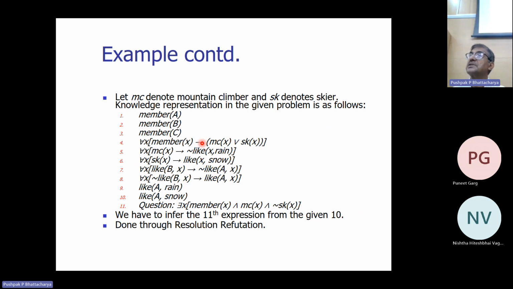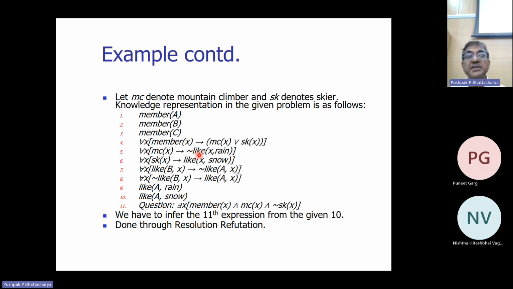This is called language to logic mapping. You might want to think of this as a project. So A, B, and C are the members of the club. One sentence gives rise to 3 predicates: member A, member B, member C.